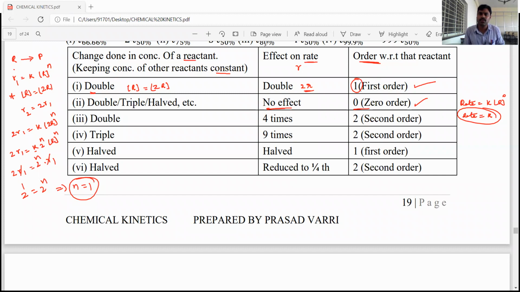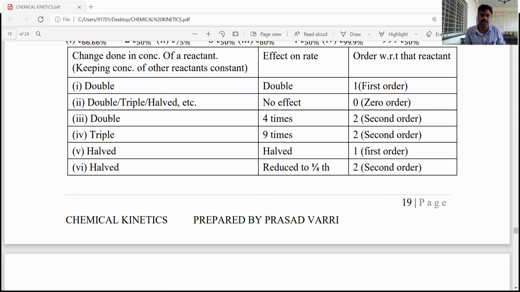Okay, dear students, one more. If the concentration of reactant is double, 2R, and the rate is increased by 4 times, then the rate R becomes 4R. Then it indicates the second order reaction.